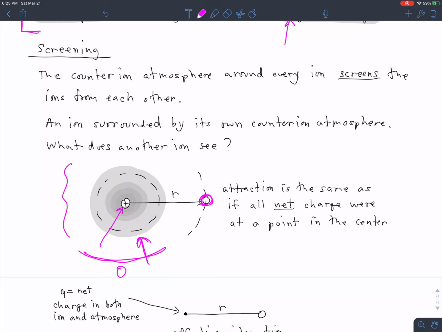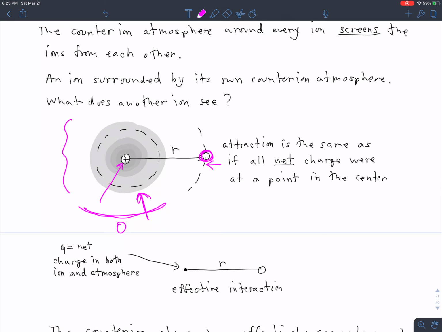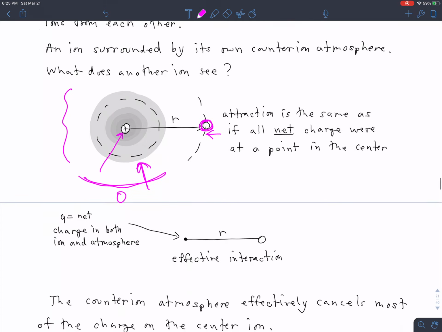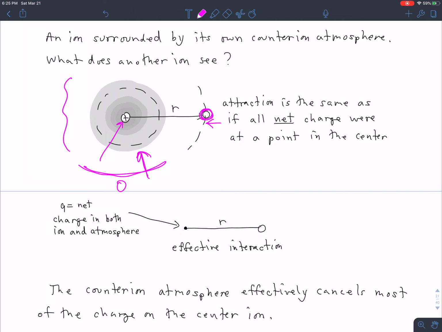What kind of interaction will a new charge that you bring up from outside see? Well, it turns out that charges and also gravitational fields have this weird and useful property that if they have a radial distribution like this, then the interaction seen by this outer test charge is the same thing as if you summed up all the charge that was inside of the radius of that test charge and put it at the origin there.